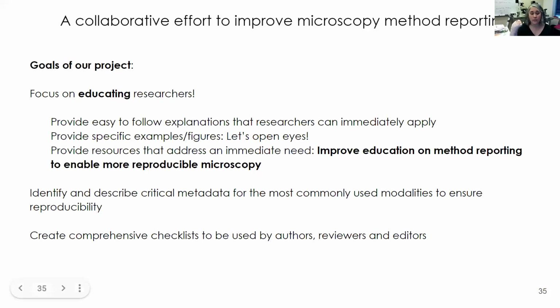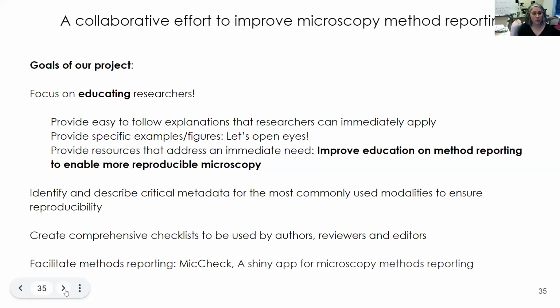And then those metadata or parameters that are good practice to provide, but don't necessarily affect reproducibility. We provide comprehensive checklists that authors, reviewers, or editors can use throughout the peer review process.